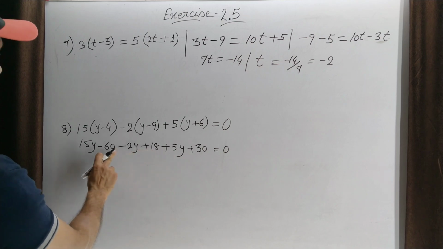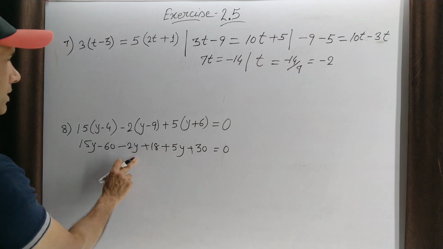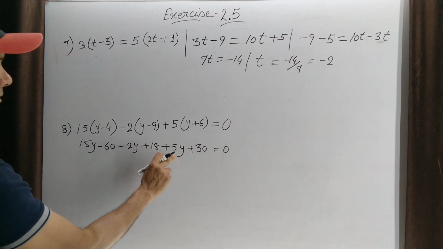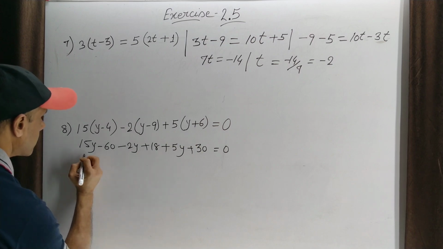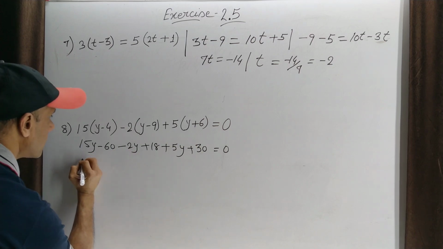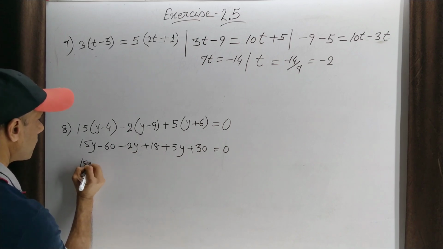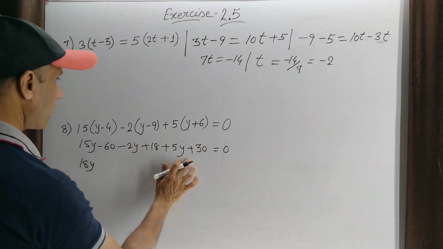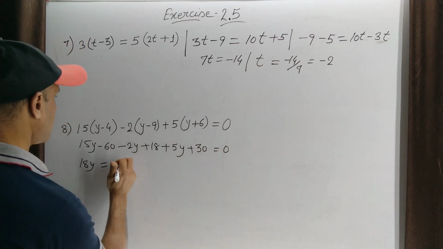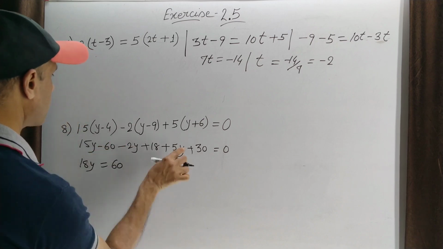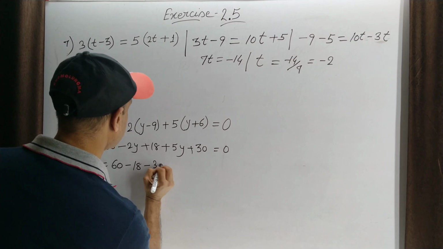So we have 15y minus 2y plus 5y, that is 18y, and we move all the numbers to the other side, so we get 18y is equal to 60 minus 18 minus 30.